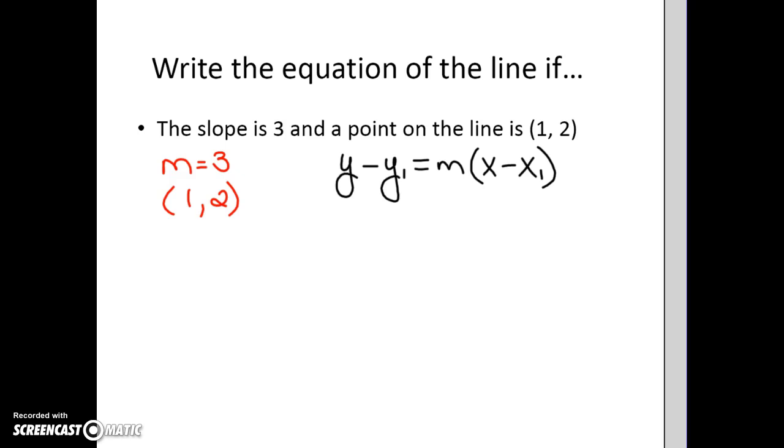So we're going to keep this one and this one. We replace the sub 1's, so we replace this one and this one, and we replace the slope, m. So we're going to replace those, and we're going to keep the others.